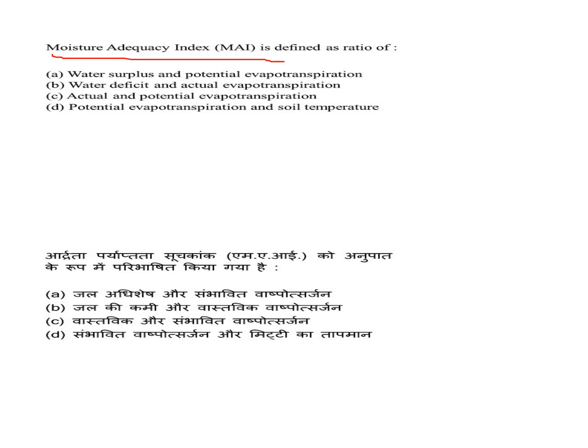Moisture adequacy index, MAI, is defined as the ratio of actual and potential evapotranspiration. MAI is equal to AET, actual evapotranspiration, divided by PET. What is actual evapotranspiration?